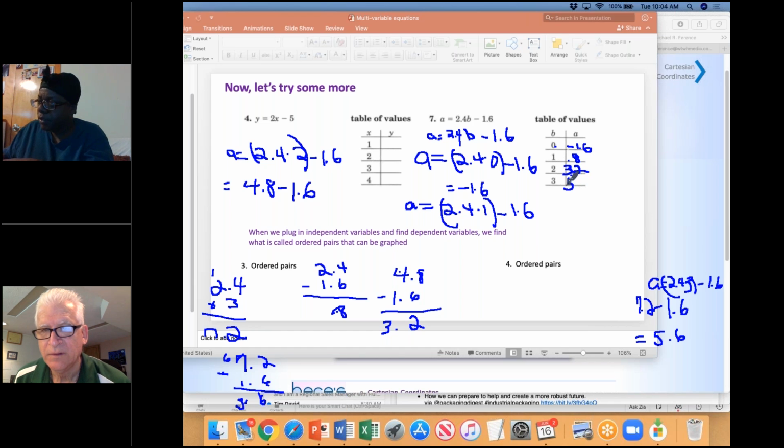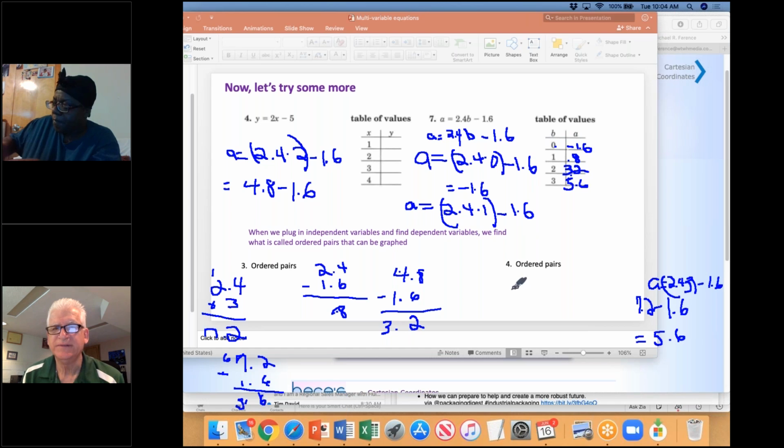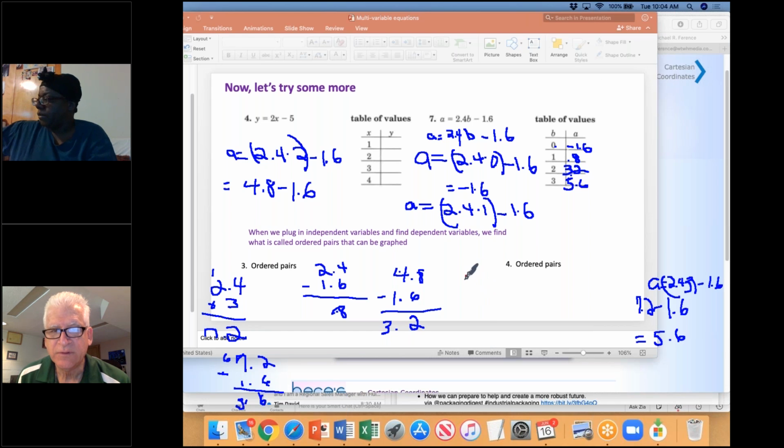So now we have 4 more ordered pairs, and I'm going to change the color on this to red. So we have the 4 ordered pairs here, which is 0 and negative 1.6. And then just copying this down here, we have 1 and 0.8.